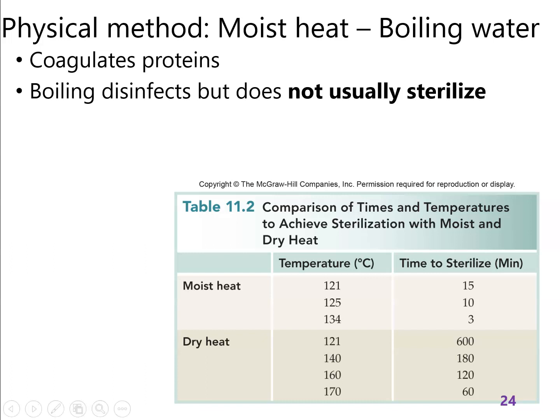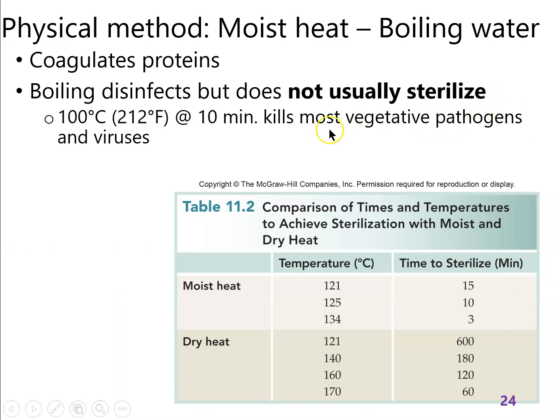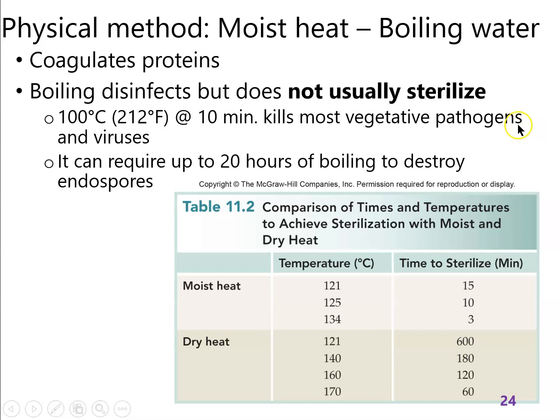Not in any meaningful time scale. You might have to boil water for like 3 days to inactivate endospores. So a short amount of boiling can inactivate most cells, but not endospores.